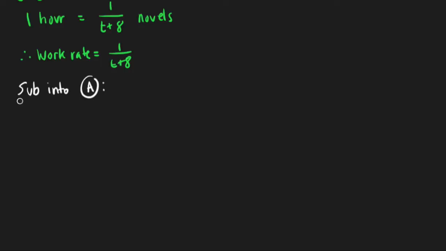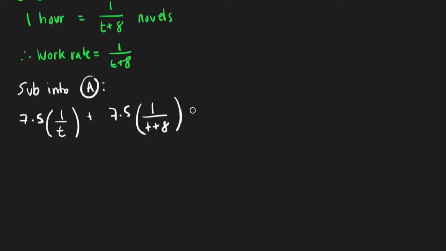This is what we get. So we get 7.5 times the work rate. So 7.5 times Ross's work rate, which was 1 over t, plus 7.5 times George's work rate, which is 1 over t plus 8, which is equal to 1, right?